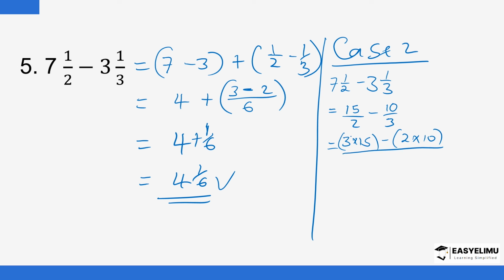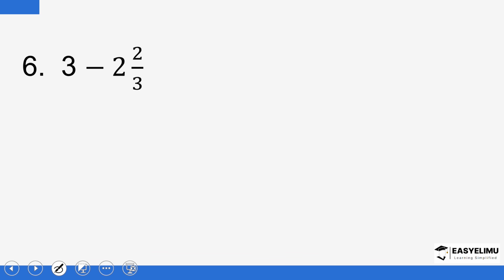And then you multiply the denominators, 2 by 3. So that is going to be 45. You subtract 20, and then you divide by 6. So 45 minus 20 is 25 over 6. And of course, this is going to be 4 and 1 over 6, the same as in the previous case.